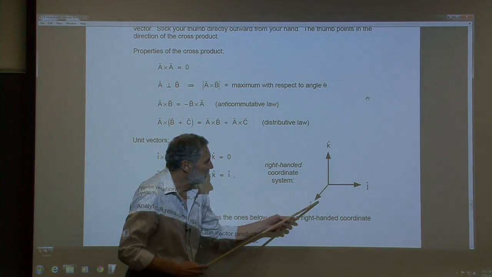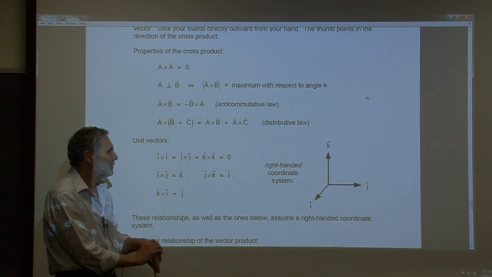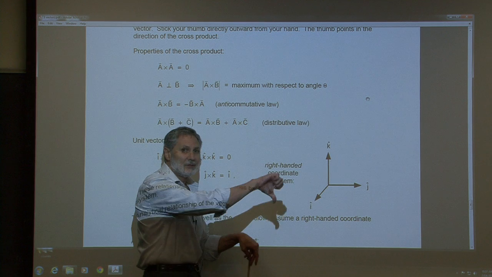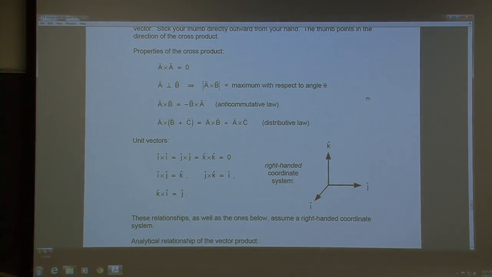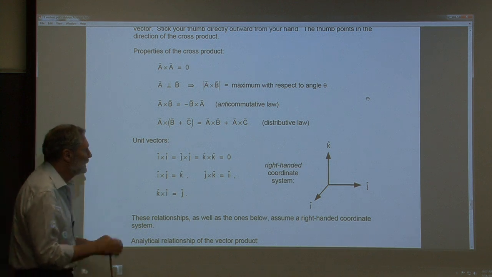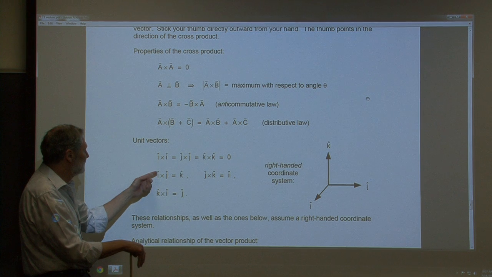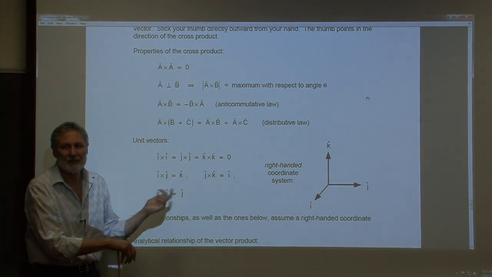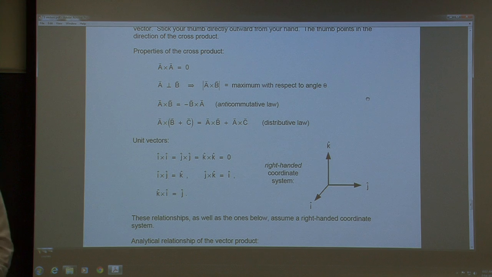If I switch the i and the j here, what am I going to get when I take i cross j? Do you see it? It's going to be minus k. So that's a left-handed coordinate system. So we use a right-handed coordinate system, and it's convenient. One of the ways it's convenient is we get these nice relationships here. Otherwise, we'd have minus signs in front of here. We'd have to deal with minus signs. So by convention, as far as I know, people always deal with a right-handed coordinate system.